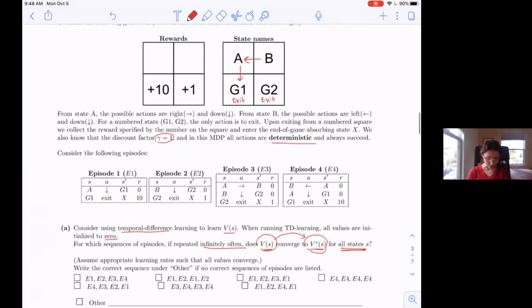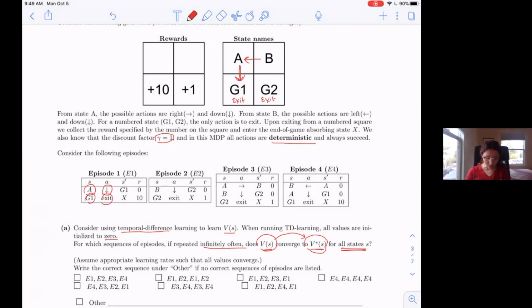If we look at the first one, episode 1, we definitely do see that if we're in A, we're taking the down action, which is great. This looks like the optimal policy that we wrote down here. And when we're in G1, we're exiting. So that's good.